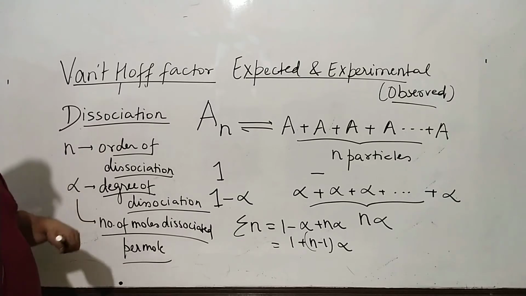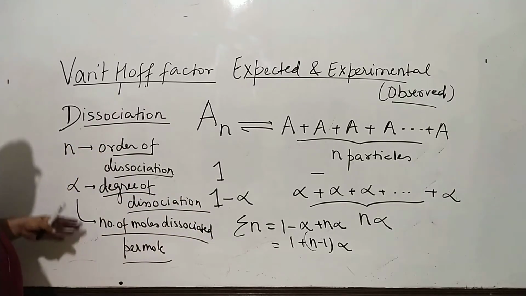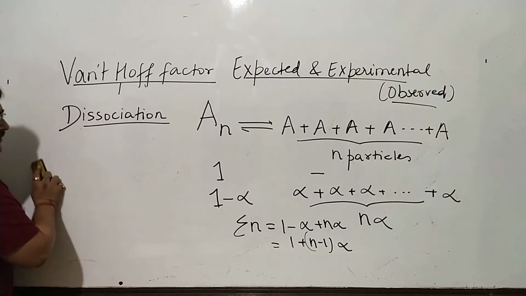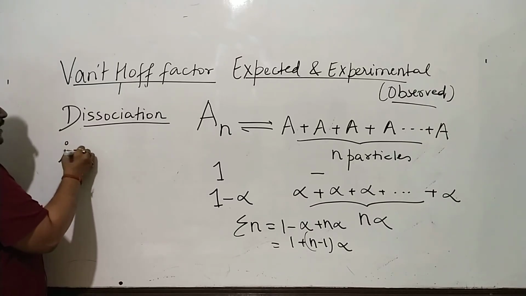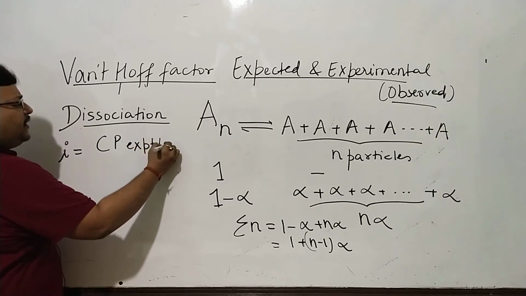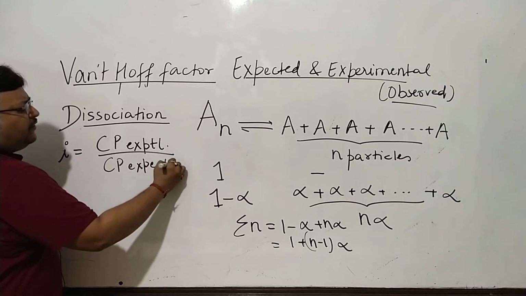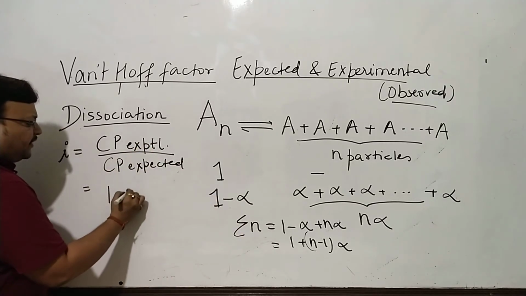And right away, you'll want to copy these two. You'll want to copy about n and alpha. And for dissociation, I'll get i, which I have already explained as the colligative property experimental upon expected, and the reverse for the molecular weight, as experimental number of particles is 1 plus n minus 1 alpha.